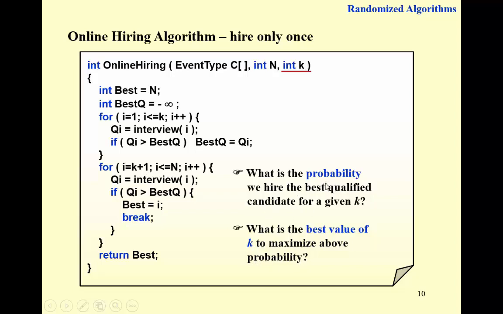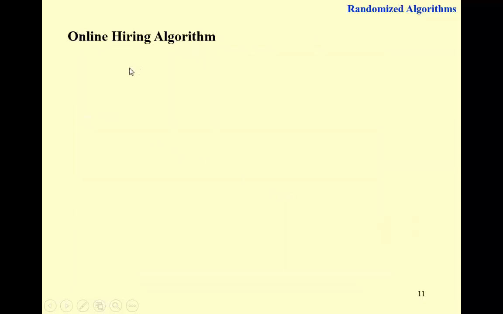First, let's try to answer this one. We fix K. What is the probability of this event that we do hire the best candidate? First, we can break this problem into sub-problems. Hiring the best one means that the best one appears after the first K, right?